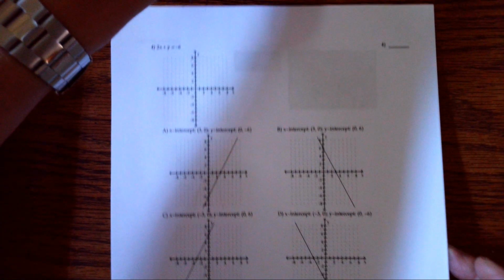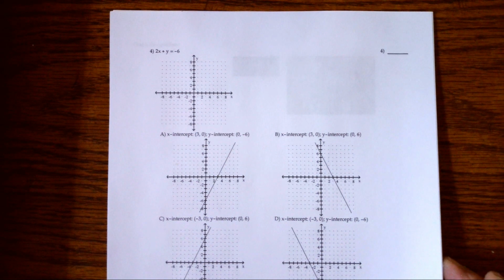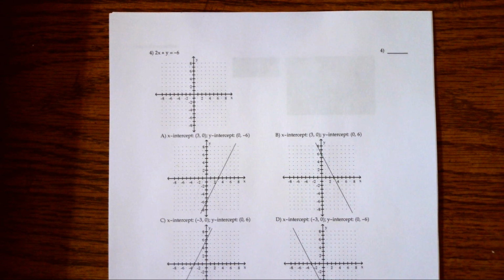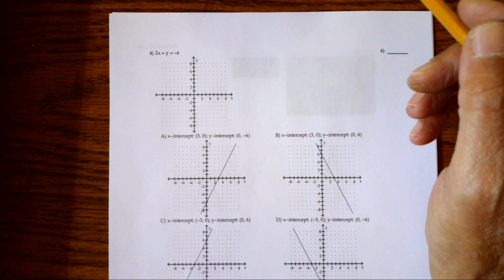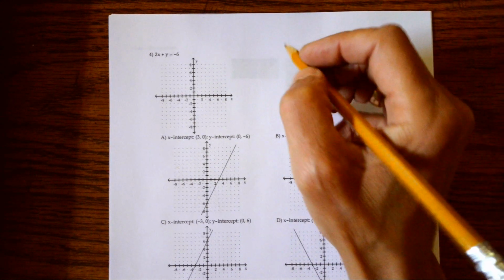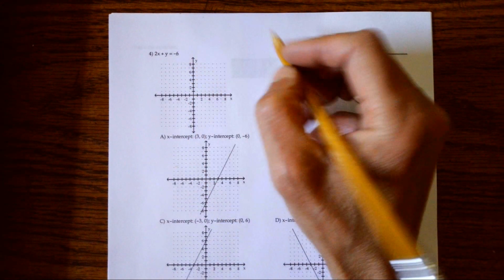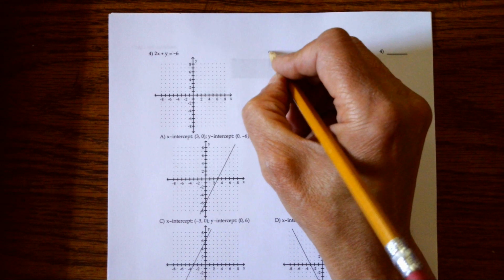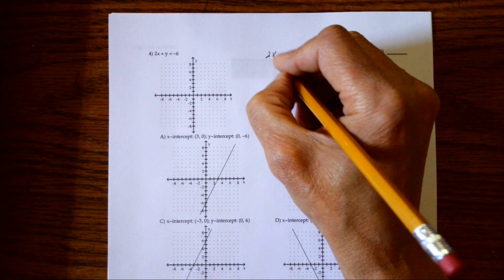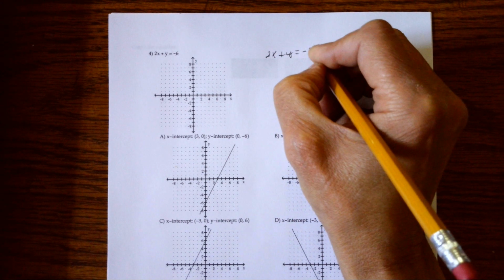Let's see, this one, number 6, is a repeat. We're looking for the y-intercept. Solving this equation for y, here's what I've got: 2x plus y equals -6.